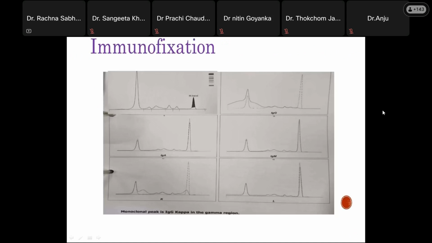So just have a look at this immunofixation. We are getting an M band, we are separating IgG, IgA, IgM, kappa and lambda chains by means of immunofixation.